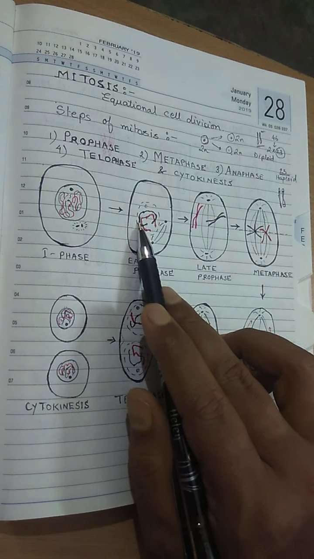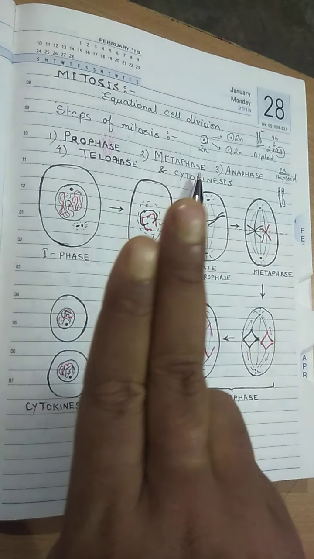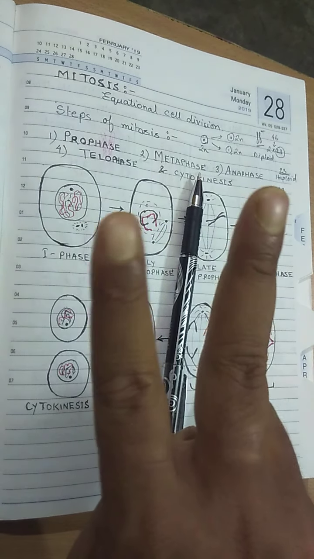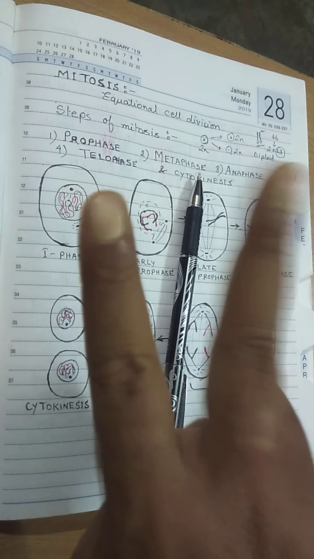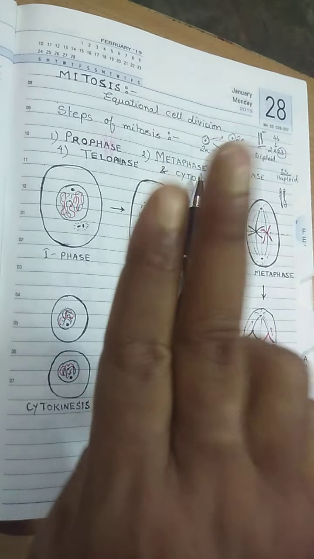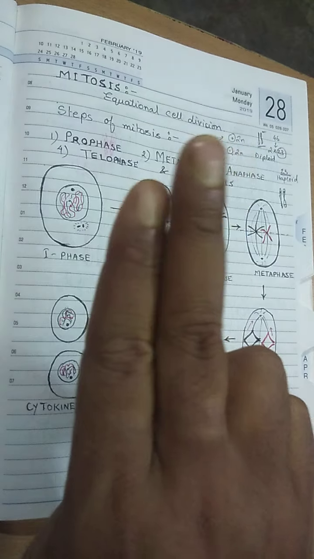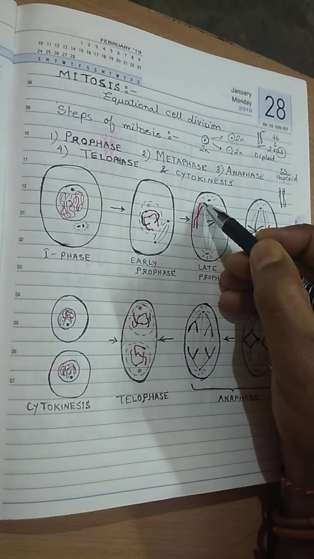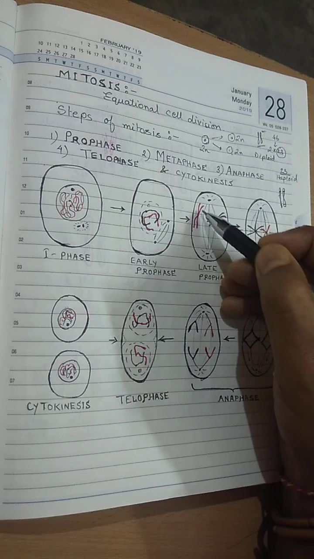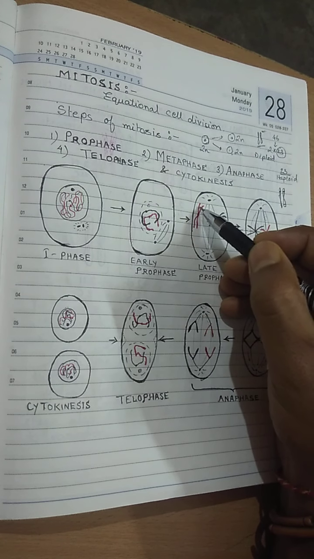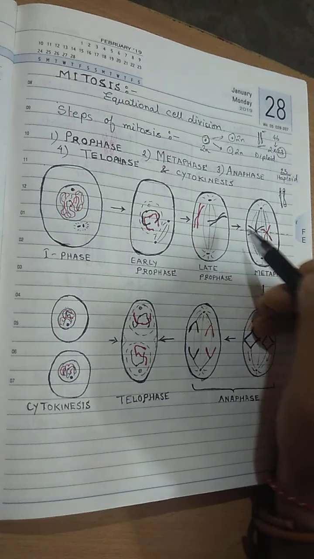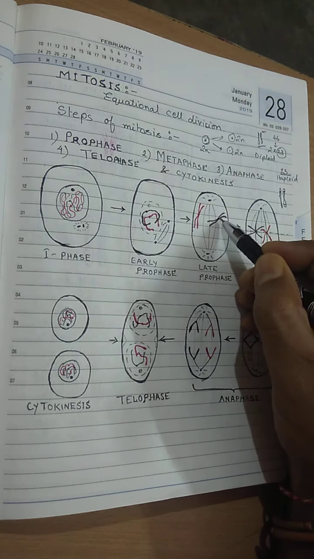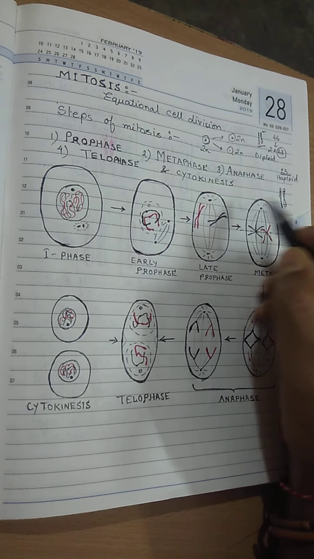And each chromosome will split longitudinally into two parts, and each part is called a chromatid. So the red chromosome will split longitudinally and form two chromatids. These are two chromatids belonging to the red chromosome. And the black chromosome will also split longitudinally to form two chromatids.